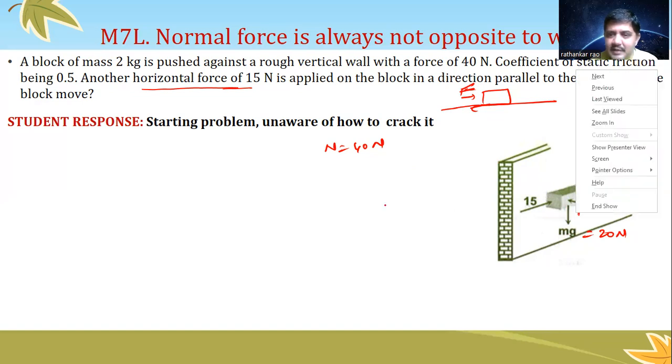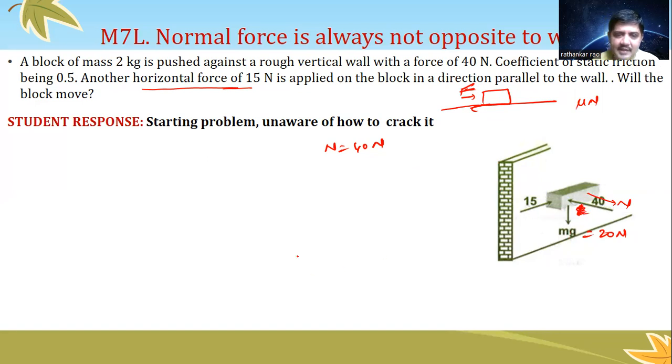So mg is acting 20 Newton, and 15 Newton is acting like this. In other words, I can write this is my 15 Newton, and this would be my 20 Newton. The sum of these two would be like this over here. What is this value? This value would be the square root of 15 square plus 20 square.